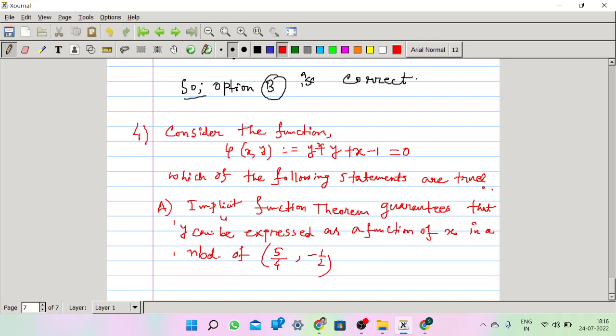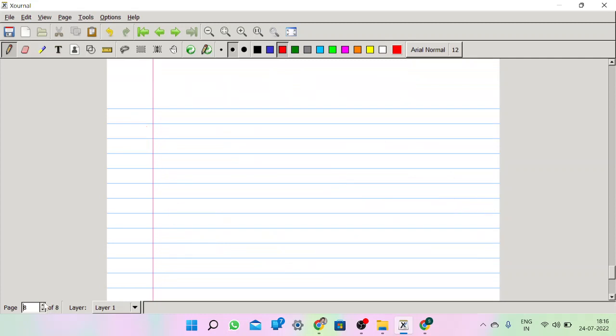Now the second option is, I am writing it on a separate page for simplicity.